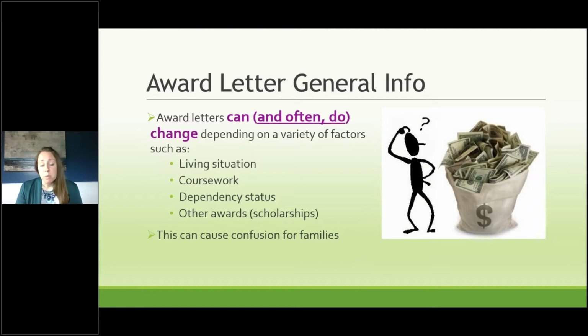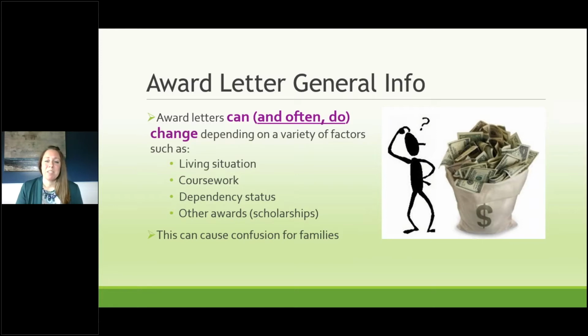Other factors include coursework, whether the student is part-time or full-time, and what the school considers full-time or part-time. Then there's dependency status. Perhaps the student put incorrect information on the FAFSA, which can happen and does happen quite a bit.